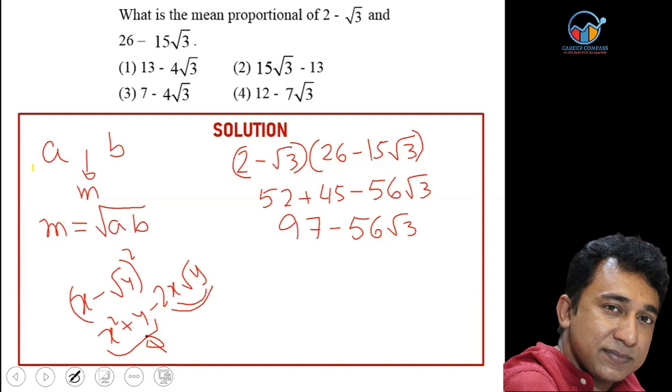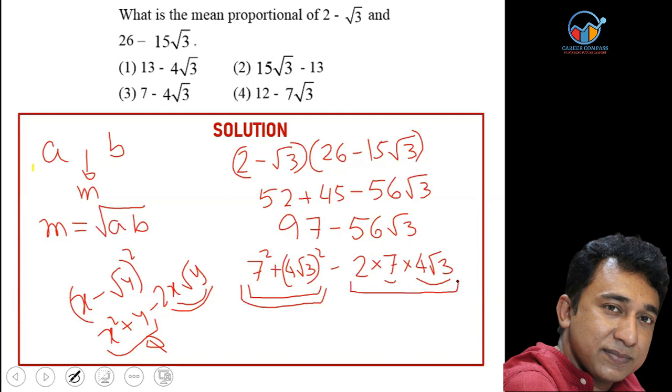So I can check from the options also. It becomes easy for me to decide, but otherwise, if you look at it this way, so I'm saying if this is x and this is y, it becomes easy for me to manipulate the numbers, right? See, these two will add up to 97 in fact, and the second portion looks like 2xy. So definitely this will become 7 minus 4 root 3 whole square.